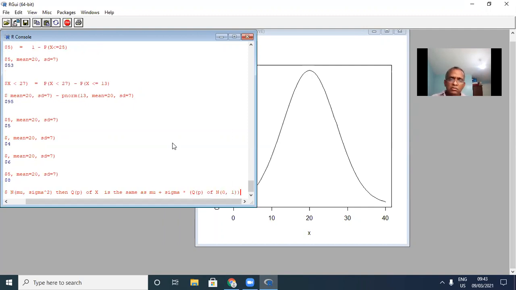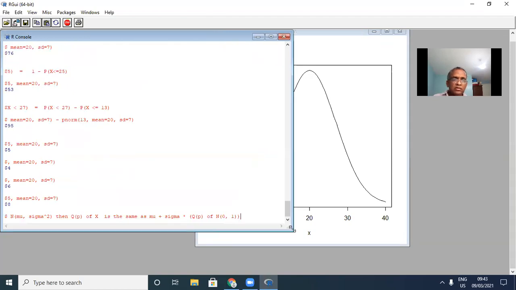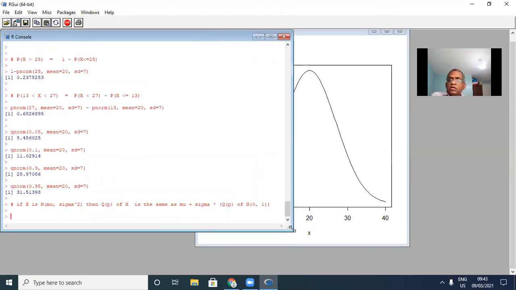Did I mention this in class? Maybe not. If I did not, I'm sorry, but this is a useful property to know. If x is a normal variable with parameters mu and sigma squared, then the quantile function of x is mu plus sigma times the quantile function of the standard normal.